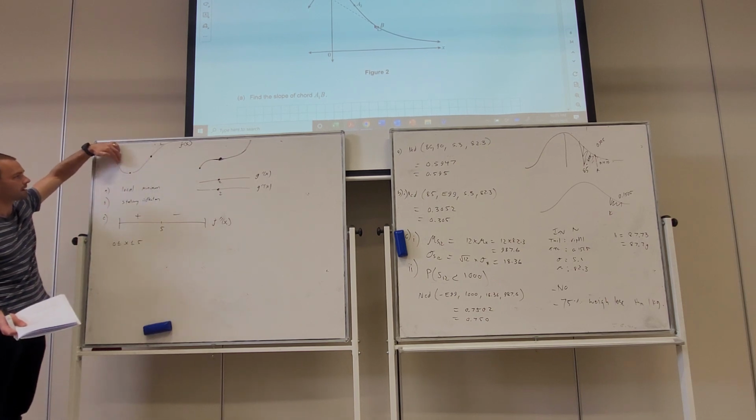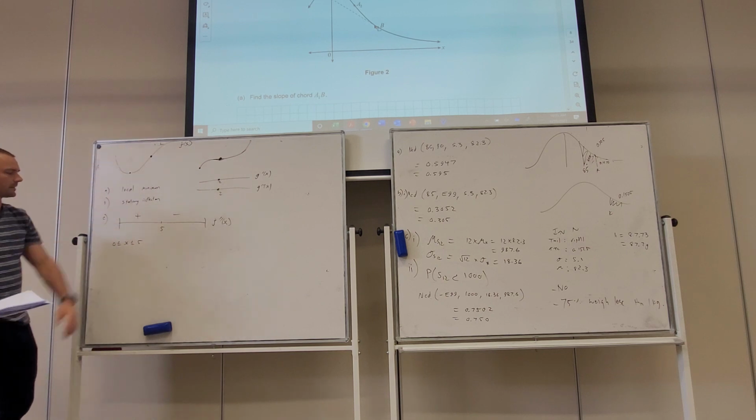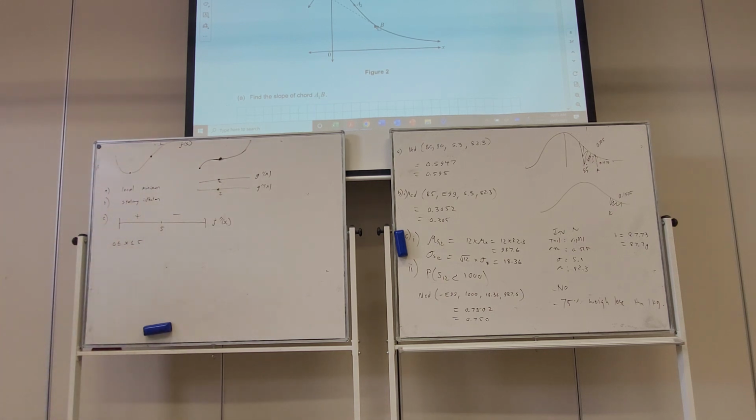The slope here is becoming more positive, and then afterwards it's becoming more negative. So that's good. Am I happy with that? The graph has one point of inflection. Determine the intervals where f dash of x is increasing. Yeah. Cool. Okay, let's move on to here.